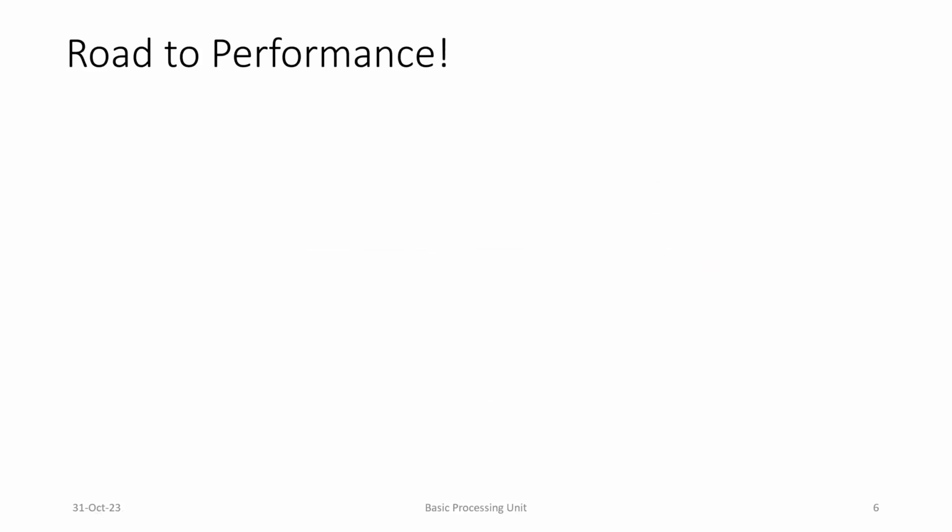So the road to performance started off with a very basic observation, which is how we measure performance. In very basic terms, it is the execution time of a program.